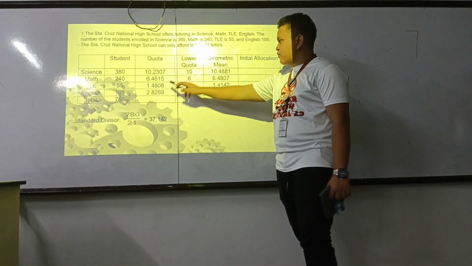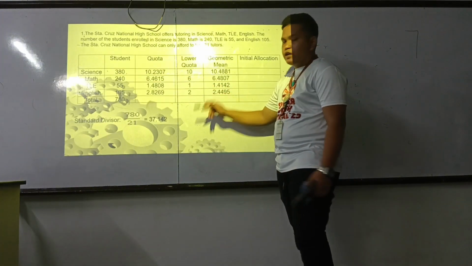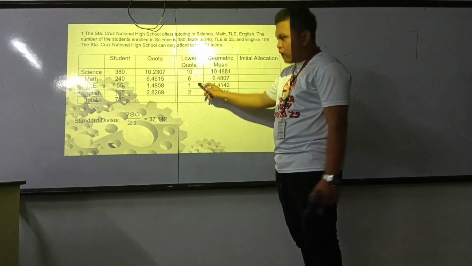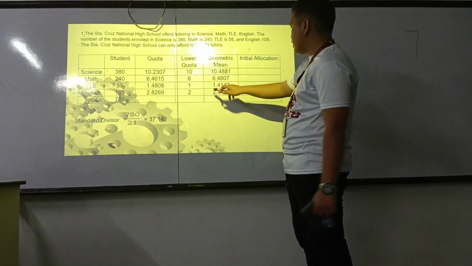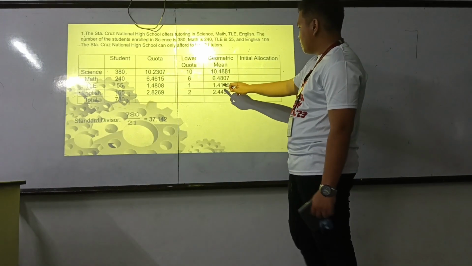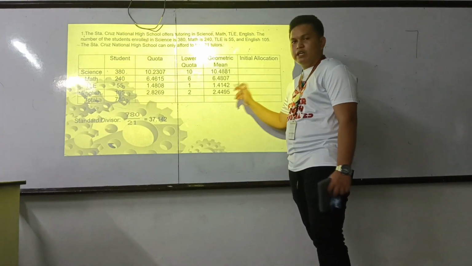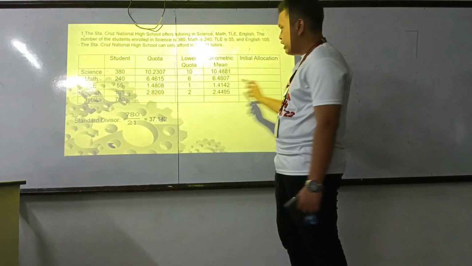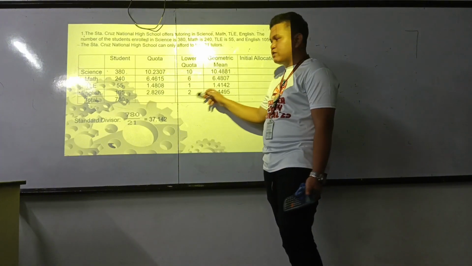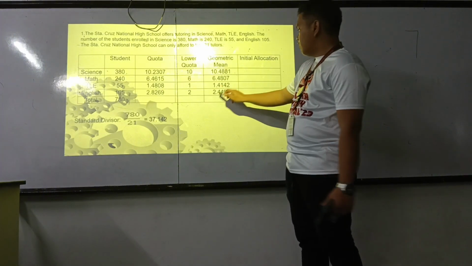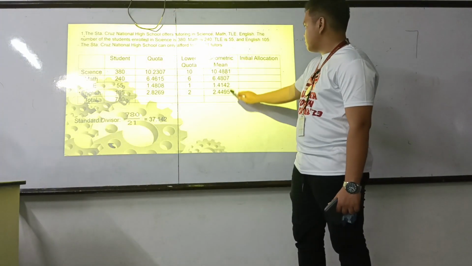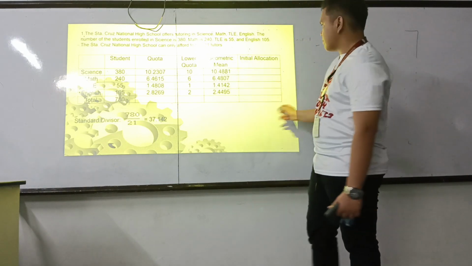And the geometric mean of PE is the square root of 1 times 1 plus 1, which is 1.412. In English, the square root of 2 times 2 plus 1 is 2.449. And that is our geometric mean.